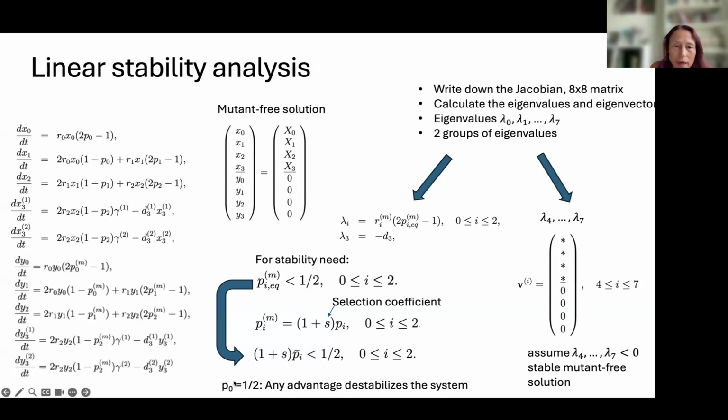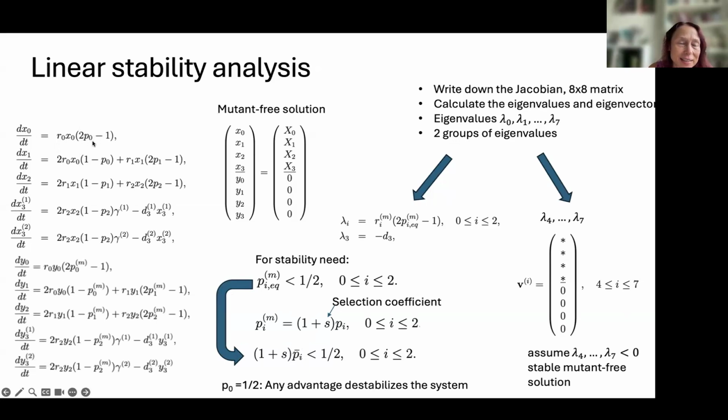So now, let's talk about introducing the mutant in different compartments. This P_i here is the probability of self-renewal of normal cells. P naught is the probability of self-renewal of stem cells, this one.